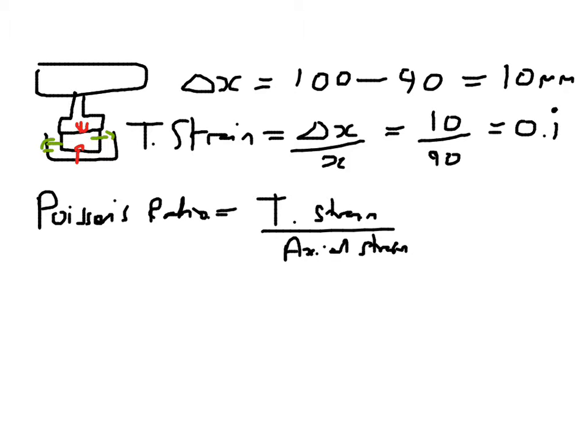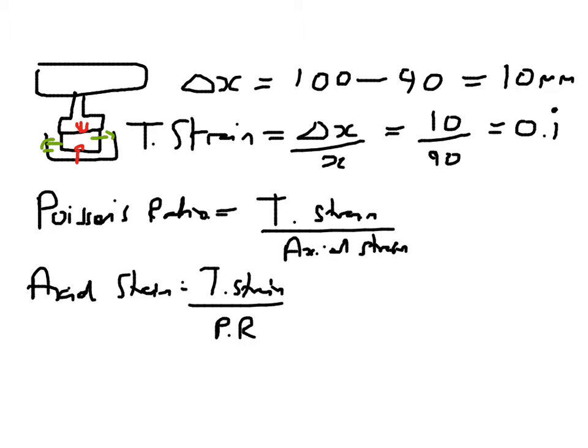We don't know that, but we do know the Poisson's ratio for the two materials being considered. So we can rearrange that as axial strain equals transverse strain over Poisson's ratio.